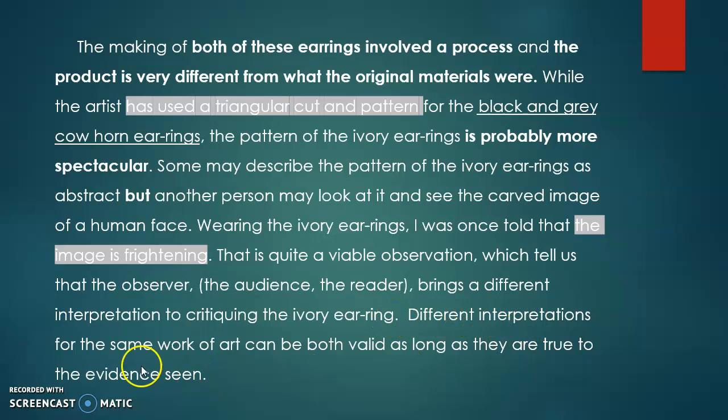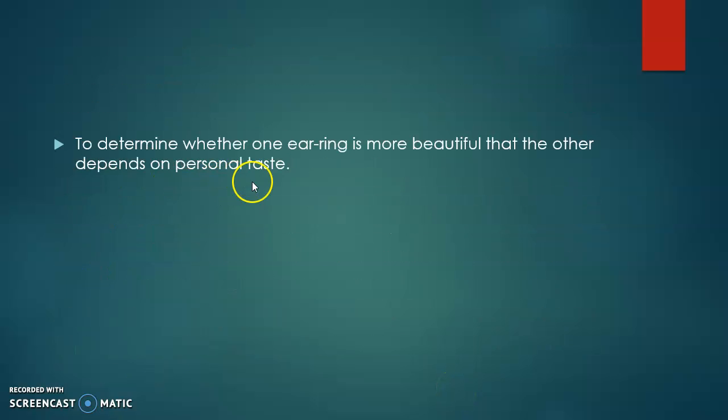Different interpretations for the same work of art can be both valid as long as they're true to the evidence seen. To determine whether one earring is more beautiful than the other, that depends on personal taste. And here we could get another paragraph going until our essay is complete.